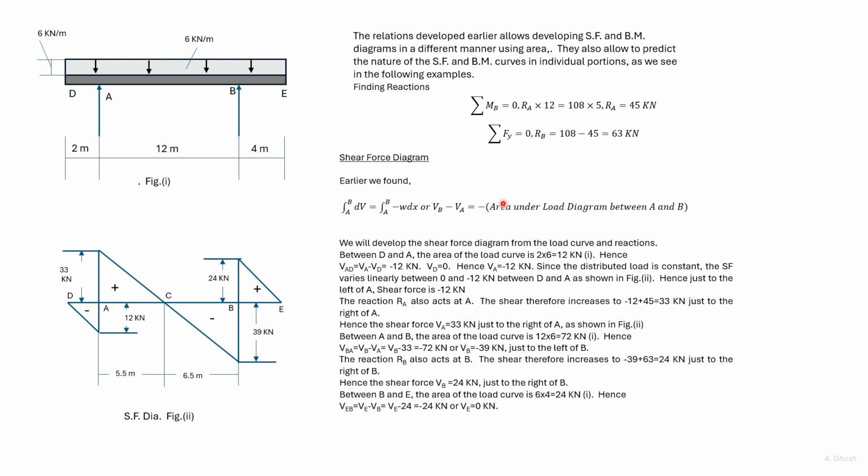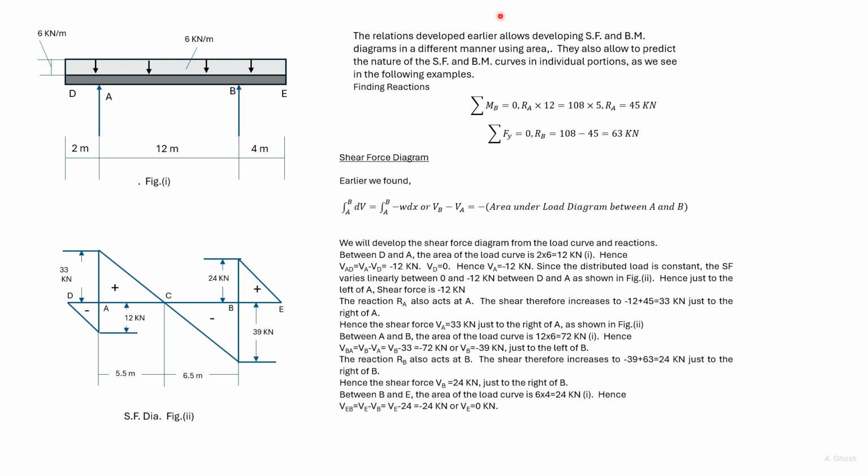Again, using this formula, we get VEB is equal to VE minus VB equal to minus 24. Now VB we have found out to be 24, which gives us VE is equal to 0. As usual, we have joined the shear force at B to the shear force at E by a straight line.